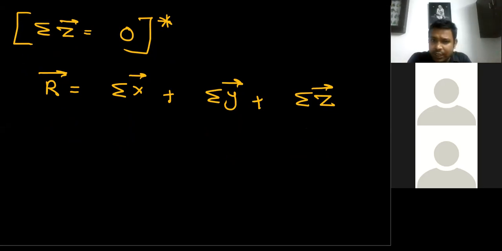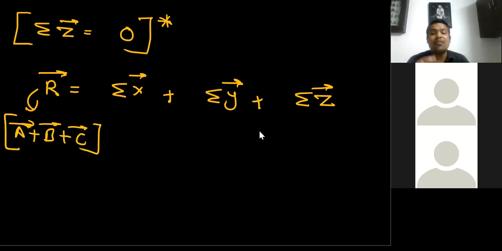Add all components. Clear? And now this vector, which is called vector A plus vector B plus vector C, is written in the form of x i cap plus y j cap plus z k cap, or summation of x vector plus summation of y vector plus summation of z vector. Clear, my dear friends?